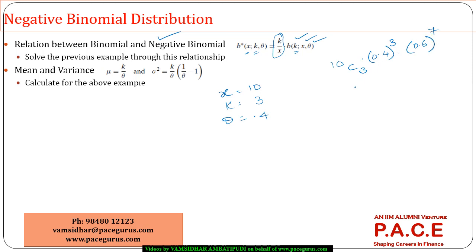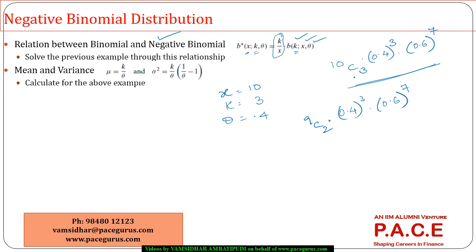So this is the binomial distribution associated value. Whereas when we looked at the negative binomial distribution, we got the answer as 9C2 into 0.4 to the power 3, and 0.6 to the power 7.